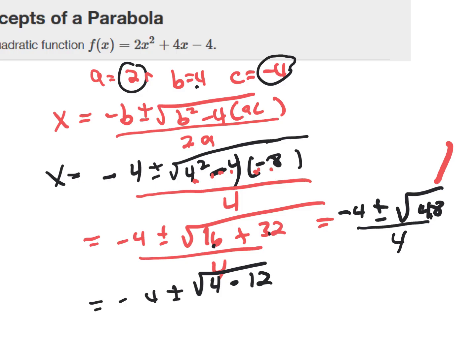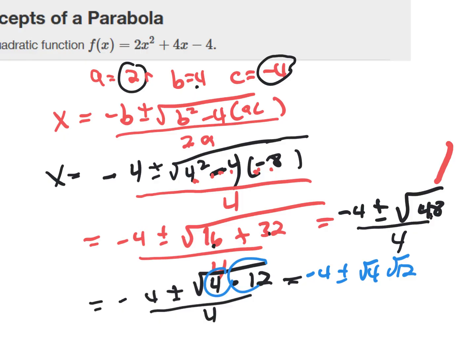You can use your calculator and take 48 divided by 4 and see what you get. Beautiful. All divided by that 4 again, and keep going here. And what I do here, I break it apart. I take both of these pieces and break them into their own square roots. So that gives me a negative 4 plus or minus the square root of 4 times the square root of 12.